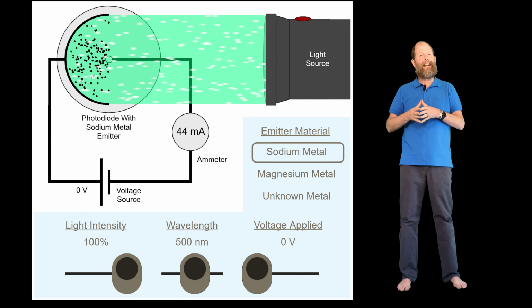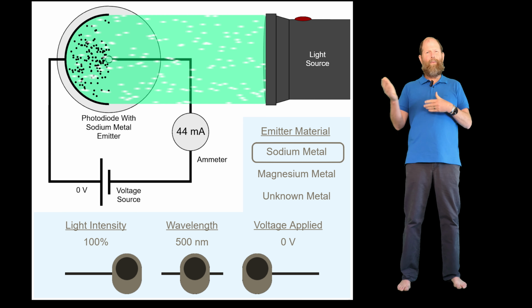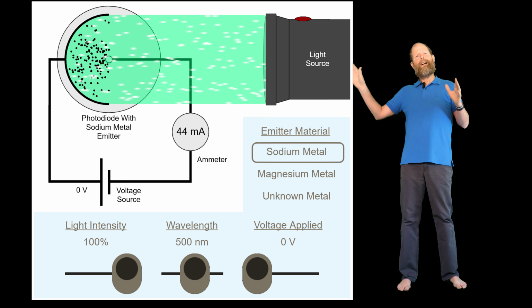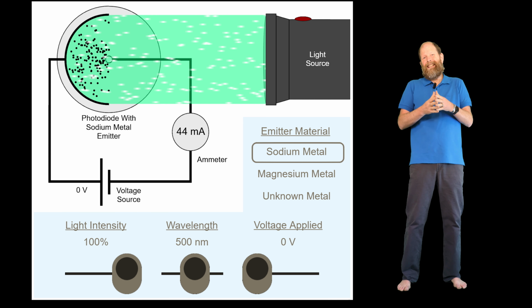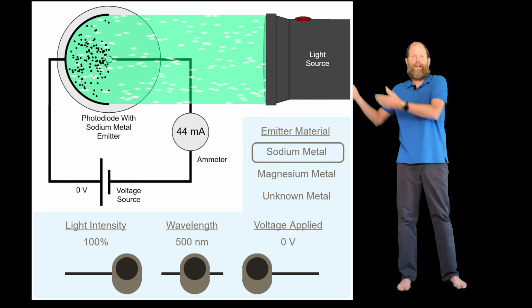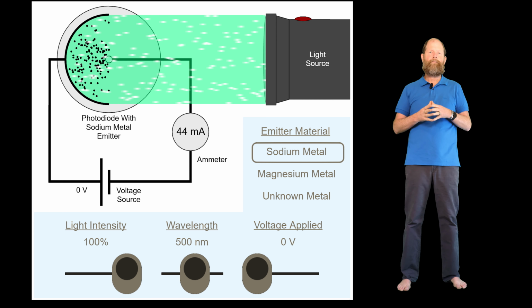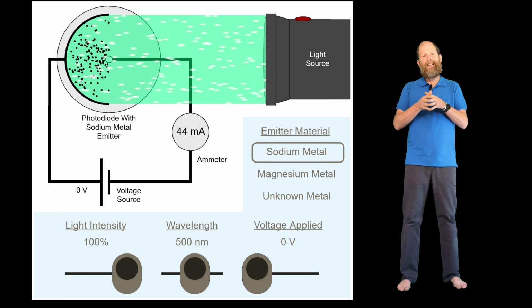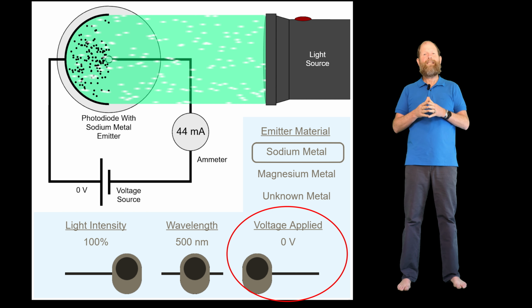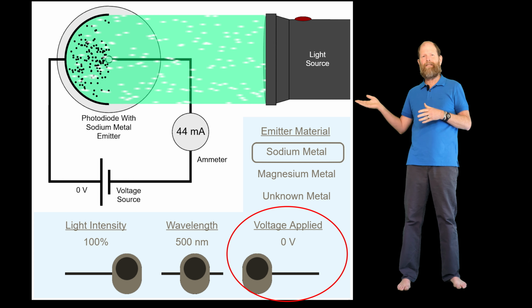Determining the maximum kinetic energy can be challenging by watching the electrons, especially because scientists can't actually see the electrons like we can in the simulation. Therefore, scientists discovered a way to test for this. It is finally time to play with the voltage slider.